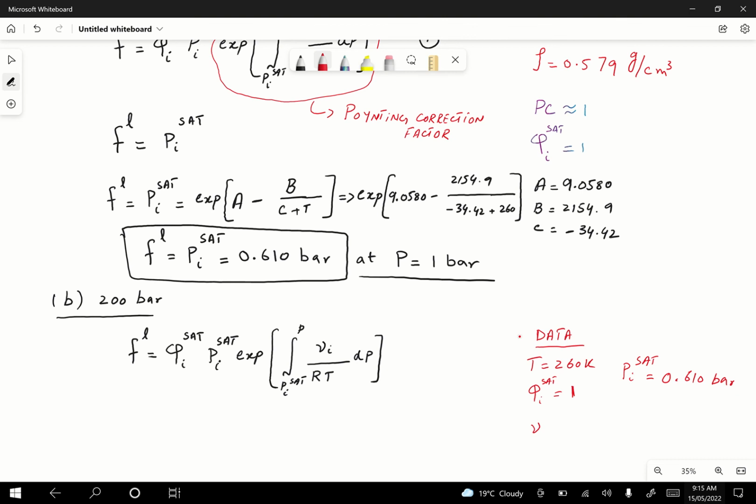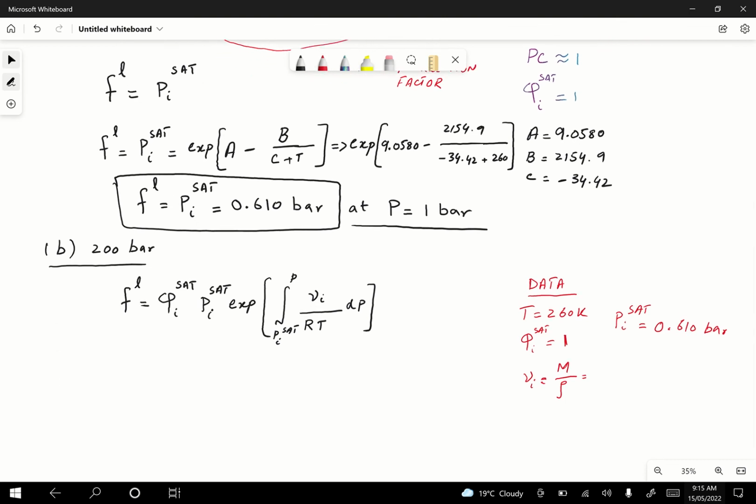Now specific volume. Specific volume is what? That is cubic meters per kilogram. So if we use this, that is equal to molecular weight over density. We will get the answer as cubic meters per mole, right? So basically this is the specific volume.